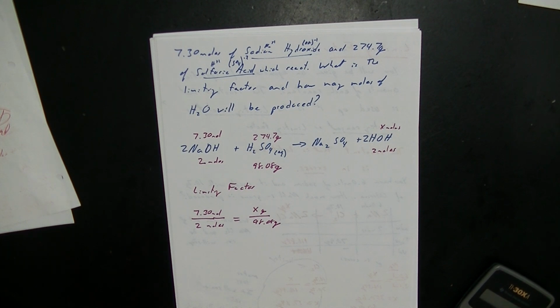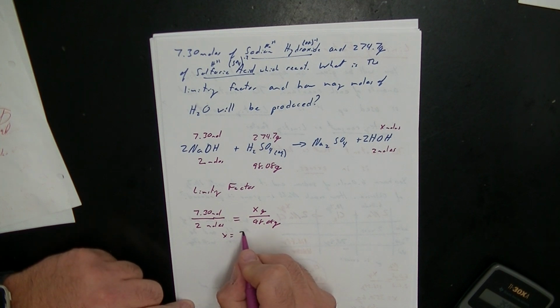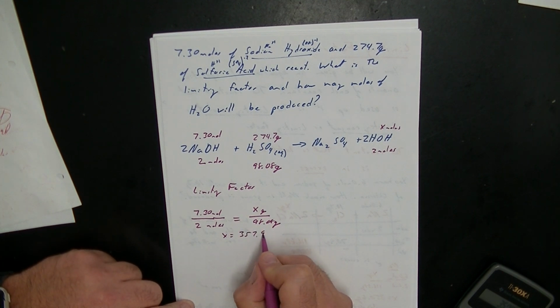So 7.30 times 98.08 divided by 2, I would get 357.99 grams.